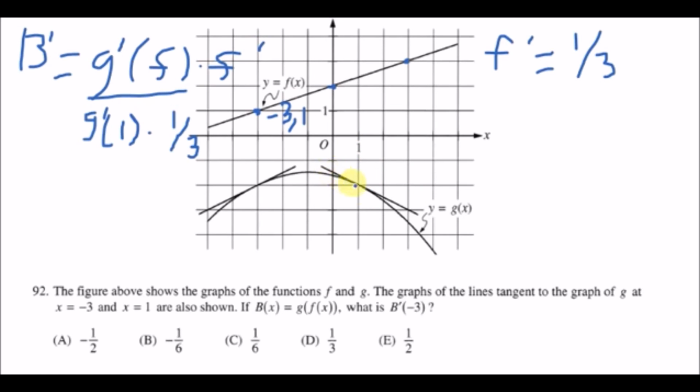Here's 1, and here's our tangent at 1. And they tell us that this is our tangent in the problem. And so we get 1 and 2 right there. So that looks to me like -1/2 times 1/3, and that, of course, is B. So it looks like we're in the green here. Alright, bye.